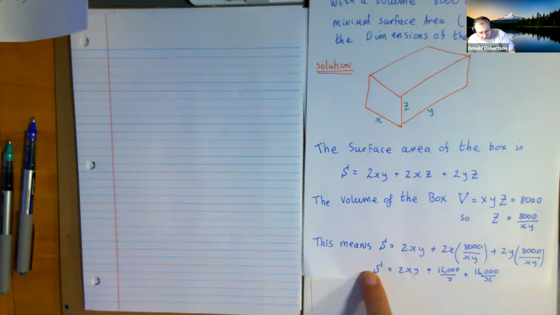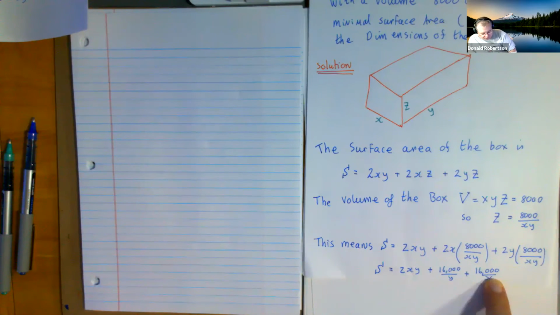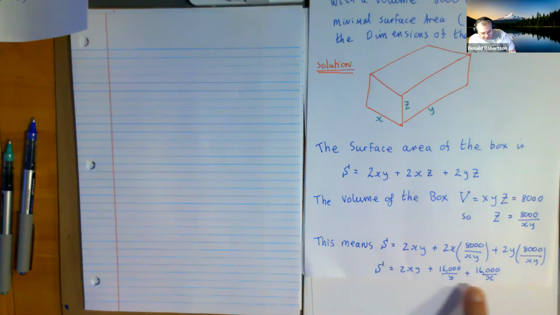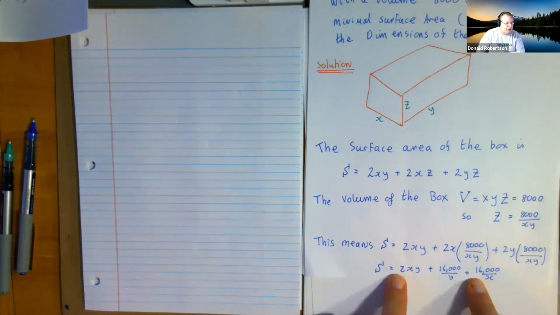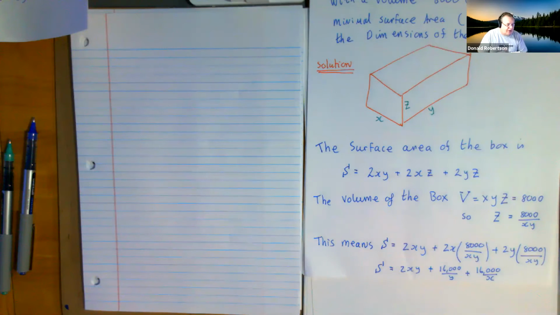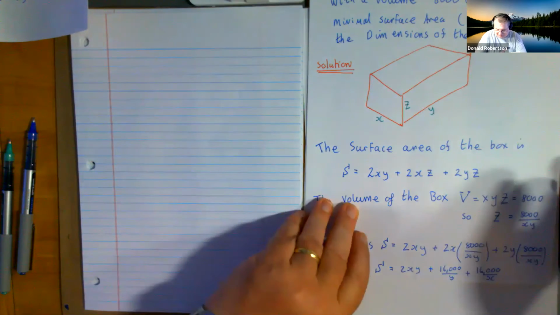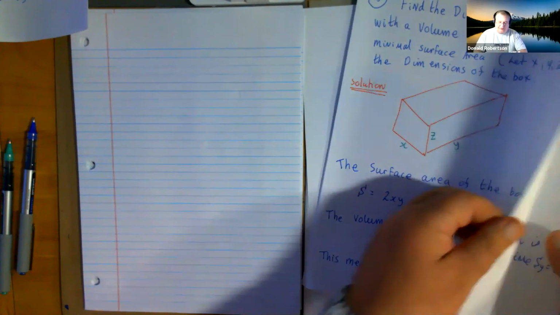So our optimization function, our surface area function, now has 2 variables, which is what we need, right? Now, from this point onwards, it doesn't matter that it's a box. Aren't you going to go through the same process of finding the first derivatives, making them 0, and trying to solve, right? So let's see what that looks like in practice.